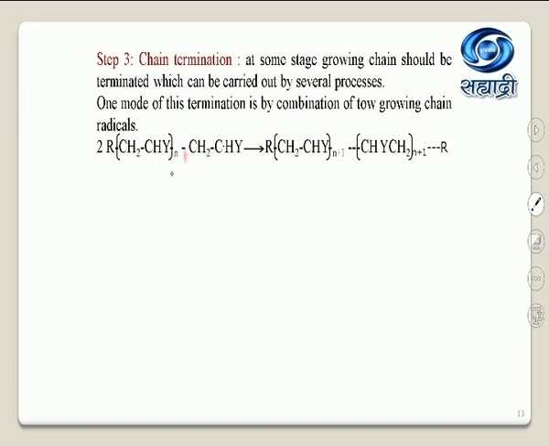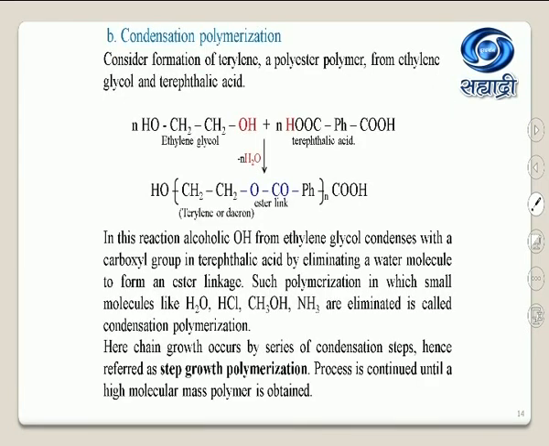So here, two free chain radicals are combined with each other, and then there is formation of one bond between these two chain radicals, and it gives a final product. In this way the chain is terminated and the reaction is stopped.